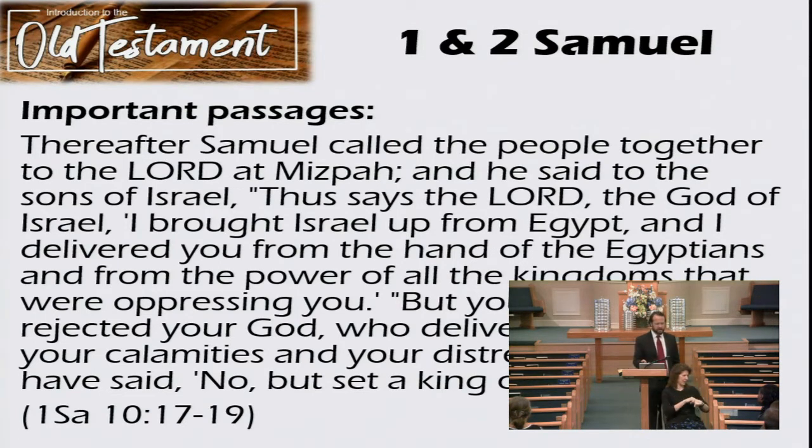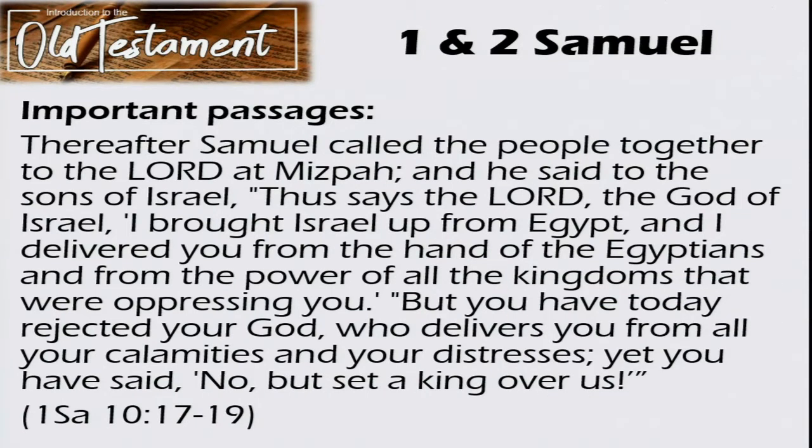So some important passages in 1 and 2 Samuel. We see here, the Lord God of Israel says, I brought you Israel up out of Egypt and delivered you from the hand of the Egyptians and from the power of all the kingdoms, but you have today rejected your God who delivers you from your calamities and your distresses. Yet you have said, no, but set a king over us.